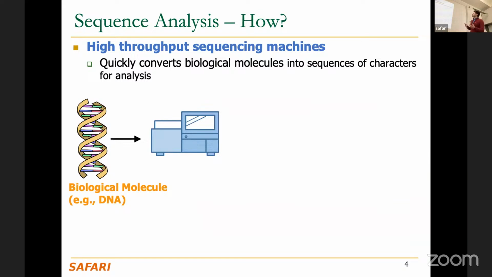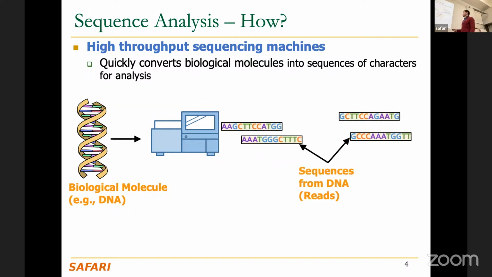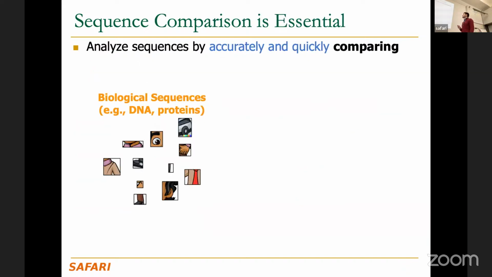And so how do we do sequence analysis? We have these machines called high-throughput sequencing machines, which take biological molecules, nucleic acid molecules, for example, DNA as input, and then as output it generates sequences from DNA, or fragments from DNA, that we call reads.